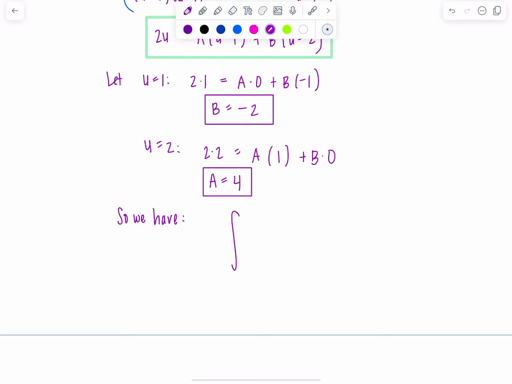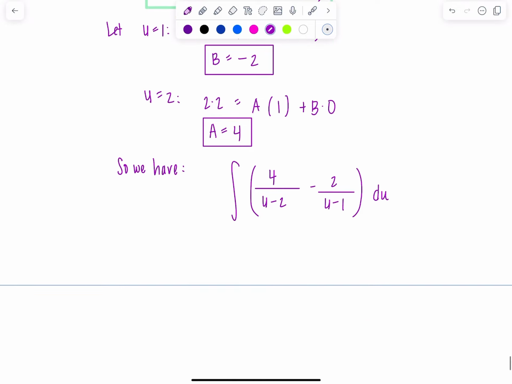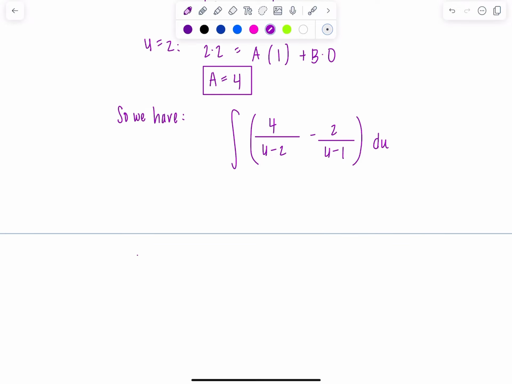So now we have the following integral. A was 4 over u minus 2. And B was negative 2, so then I have minus 2 over u minus 1, parentheses, du. Lovely. Both of these antiderivatives you should be pretty familiar with.